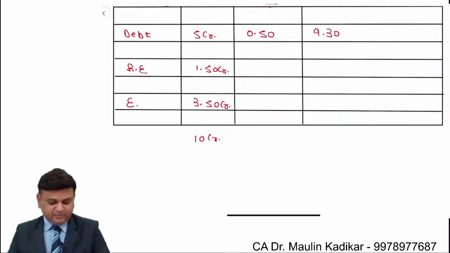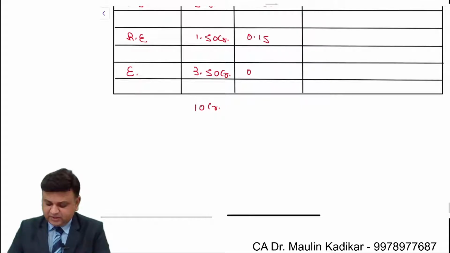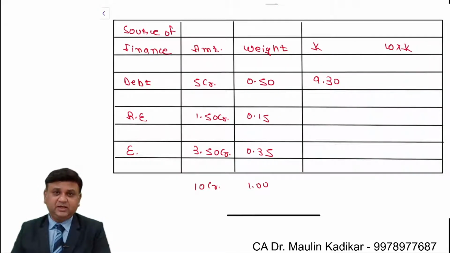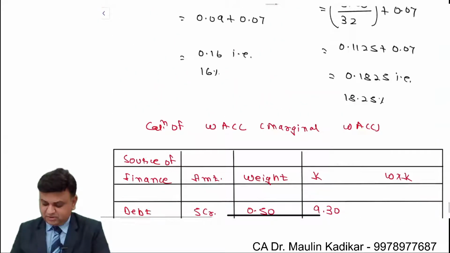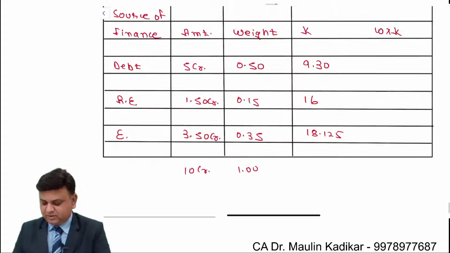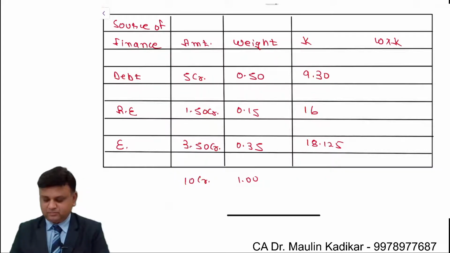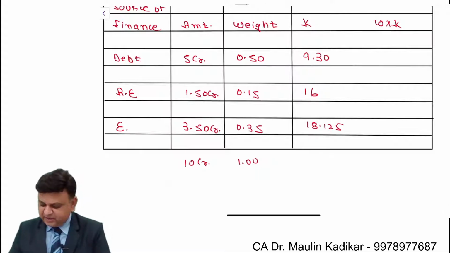Then retained earning 1.5 divided by 10, that is 0.15, and this is 0.35. The total would be obviously 1. For the retained earning, we have been provided with the cost. It is 16%, and for equity it is 18.25. Friends, it is 18.25, I'm sorry.